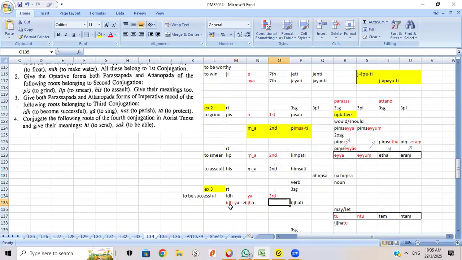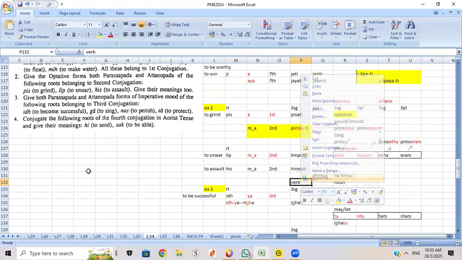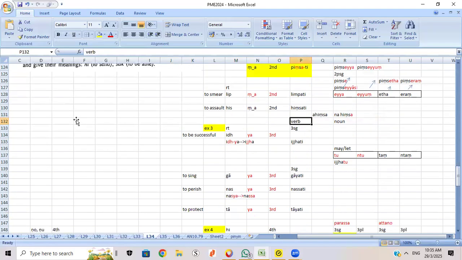We have sh becoming ch. Then this part we only put the third person ending. Follow? Third person ending is the t. So imperative: if you get this icchati, then it becomes icchatu, icchantu. This is atmanepada.